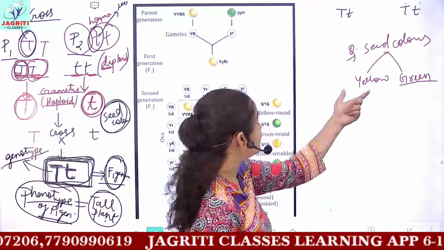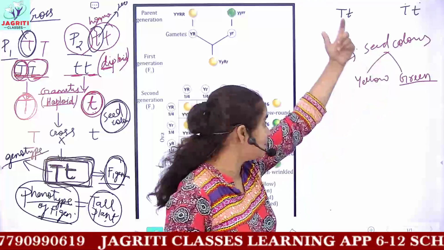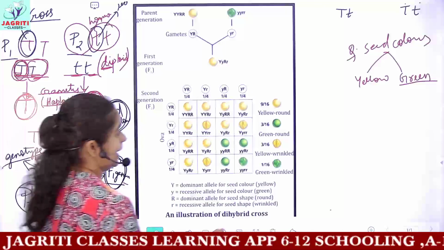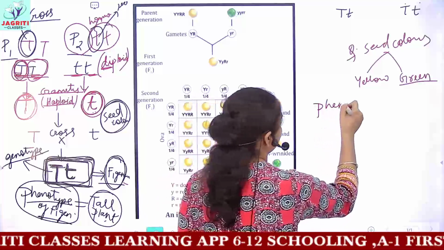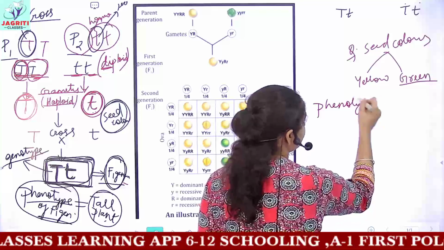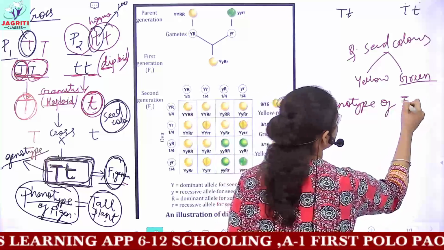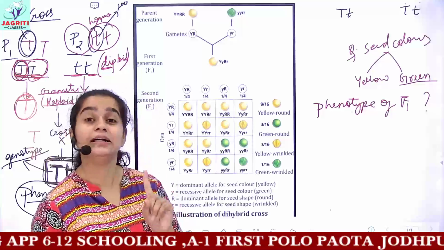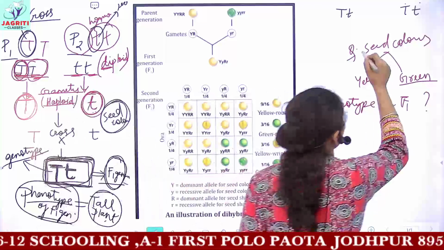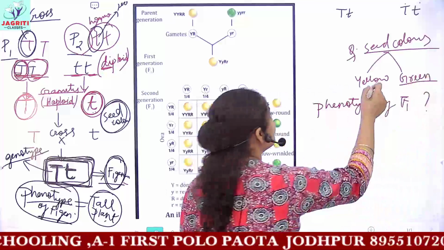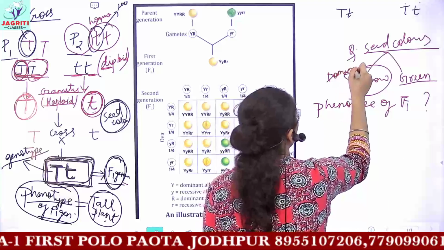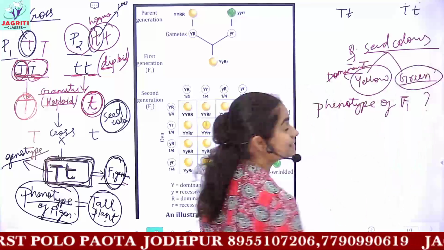If I perform a monohybrid cross for seed color, then in the F1 generation, what would be the phenotype here? So you should remember that when we talk of seed color, yellow is dominant over green, which is a recessive trait.